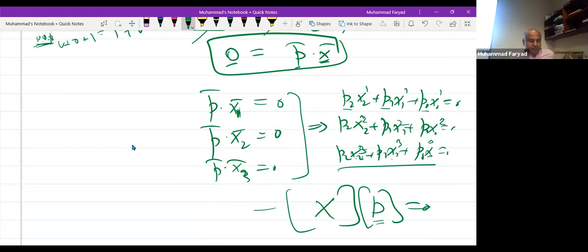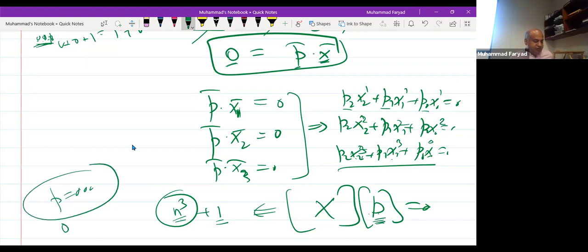There are efficient classical methods available to solve this matrix equation, and they usually require operations of the order of n cubed. So basically, you need n cubed operations plus one on a quantum computer to find this bit string p.